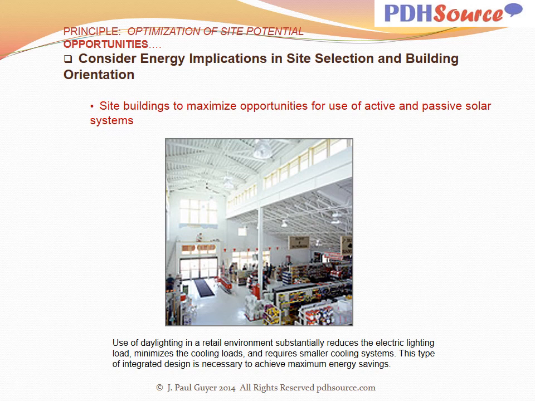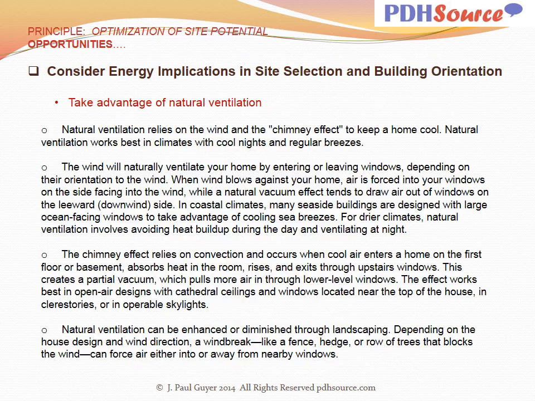Costcos and Walmarts and things like that are in many instances doing a good job of utilizing daylighting to reduce the amount of artificial lighting that they need during daylight hours, and of course that artificial lighting consumes energy in the form of electricity. The natural ventilation option.